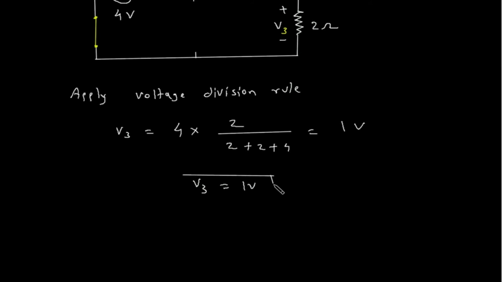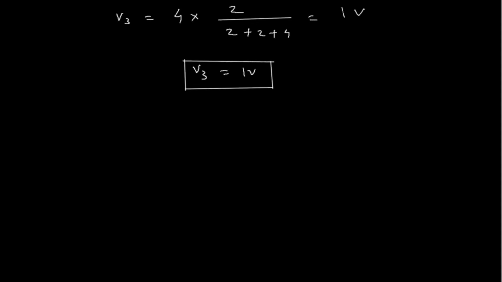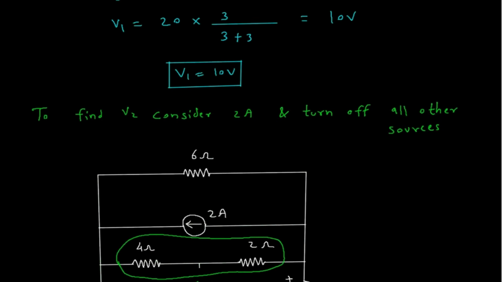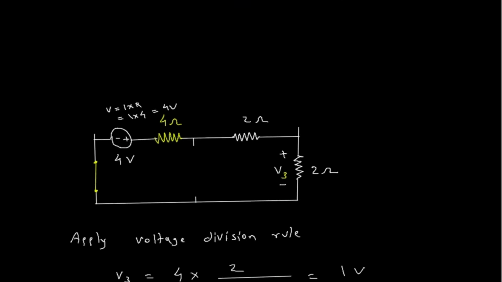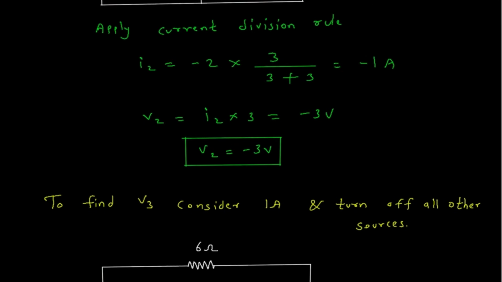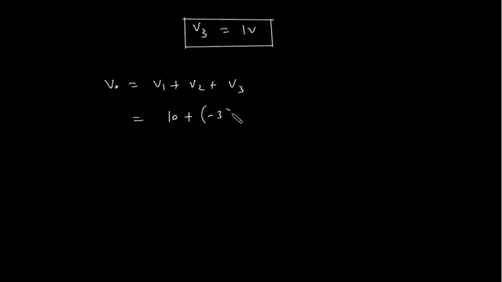Now what we have to find? We have to find this VO, which is equal to V1 plus V2 plus V3. So V1 is 10 volt plus V2 is minus 3 volt plus V3 is 1 volt.